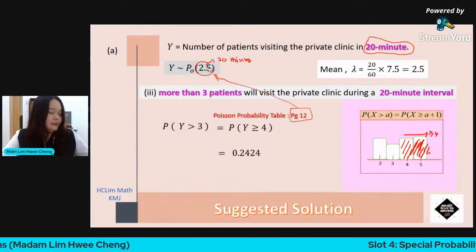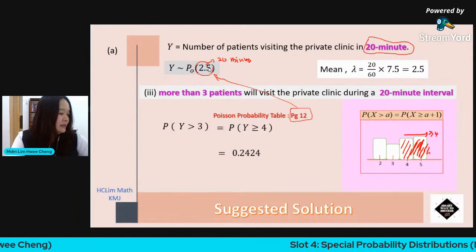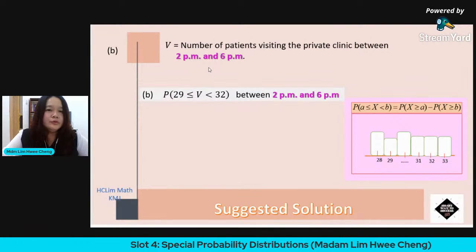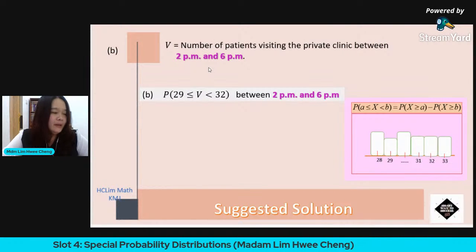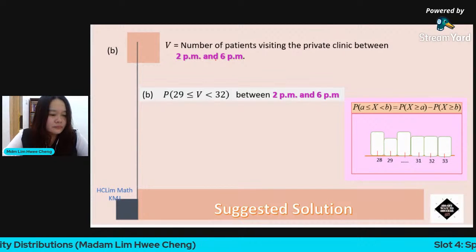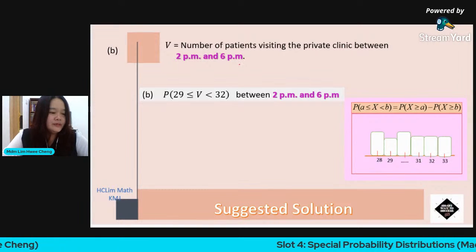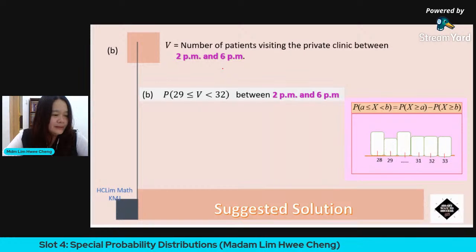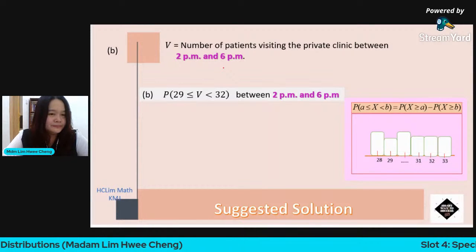Okay, so for the next question B, number of patients visiting from 2 p.m. to 6 p.m. How many hours do you have? Berapa hours frame ada? Boleh somebody answer? Interval frame dia berapa? From 2 to 6.